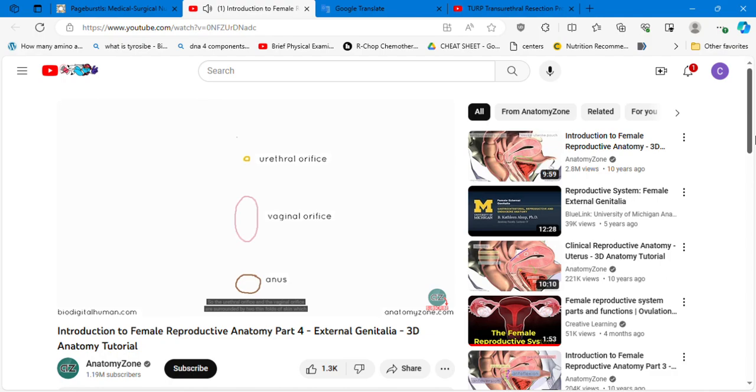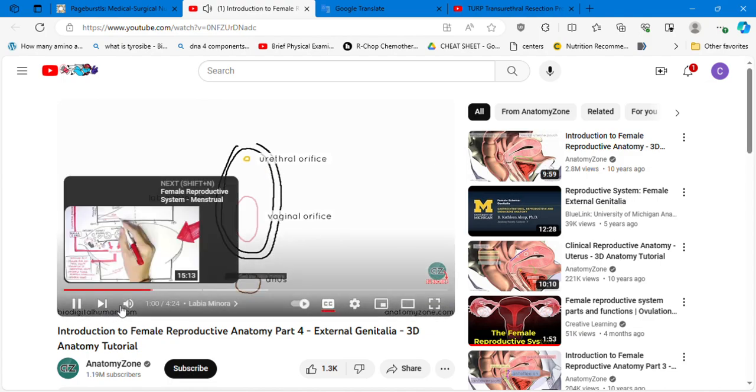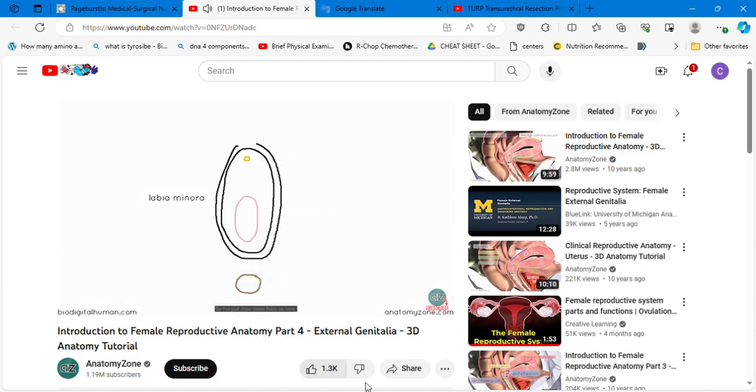The urethral orifice and the vaginal orifice are surrounded by two thin folds of skin called the labia minora. I've just drawn these folds on here. The singular of labia minora is labium minus. These are also known as the inner lips or the inner labia.